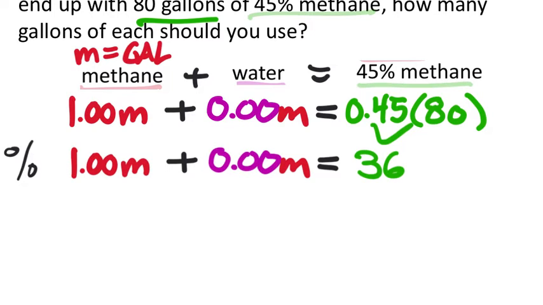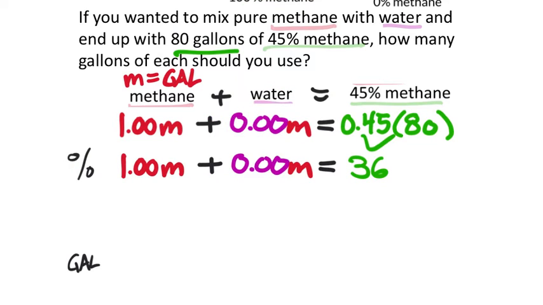But we can also find the equation based off of the gallons of methane. There we go. So, how many gallons of methane? Well, you got methane, and you could even say add that to the amount of water that you have, and that would give you the mix, which would be 80 gallons. Which may be something to keep in mind.